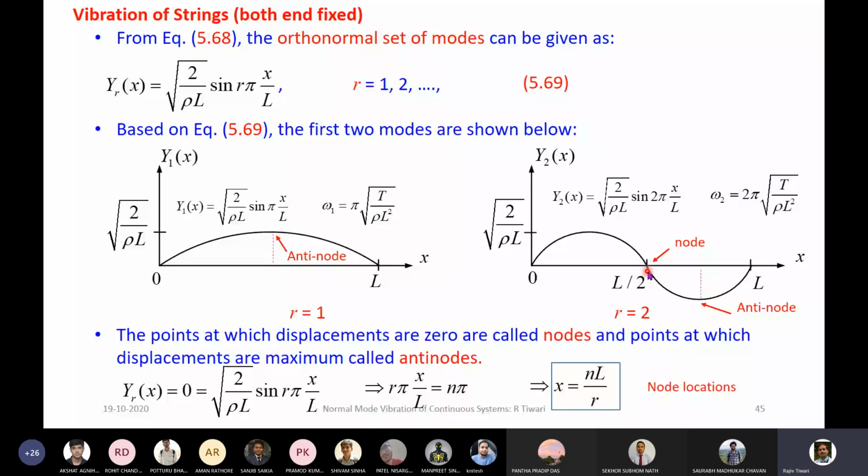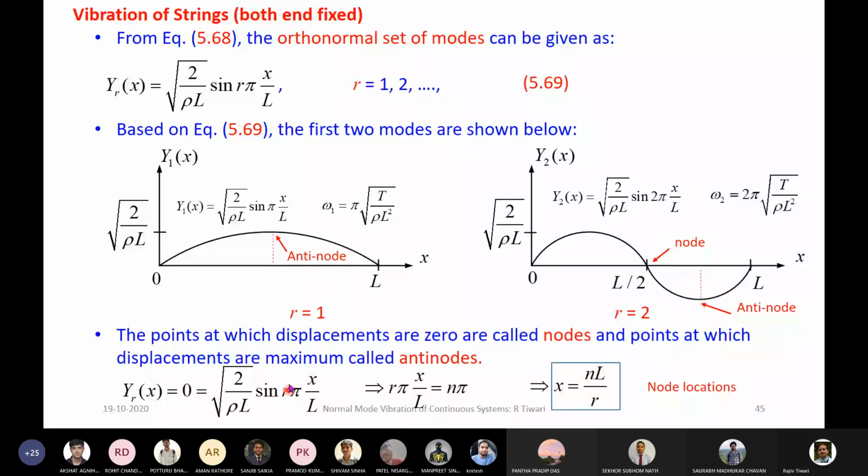Now the node position can be obtained by equating this eigenfunction to 0 and solving for x. Because there is a sine function, it will be 0 at n pi. So if we equate the argument to n pi, x can be solved.